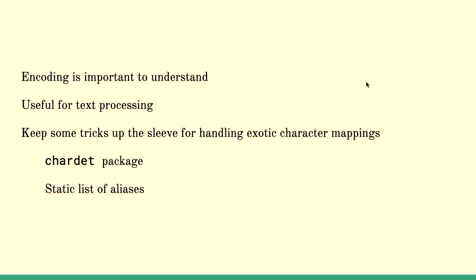In summary, encoding is important for us to understand if we want to process text in a lot. So we should keep some tricks up the sleeve for handling exotic character mappings, for example, the chardet package.